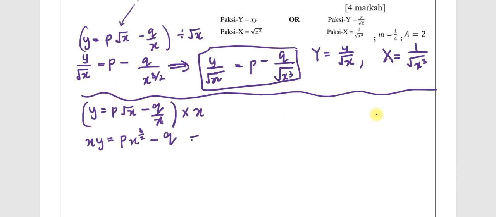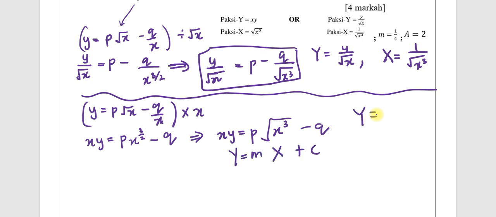And then, benda ni kita boleh tukar. Xy is equals to p, x power 3 over 2, x cubed and then square root, minus q. So, y equals to mx plus c, where your y is equals to xy, your x is equals to third of x cubed.